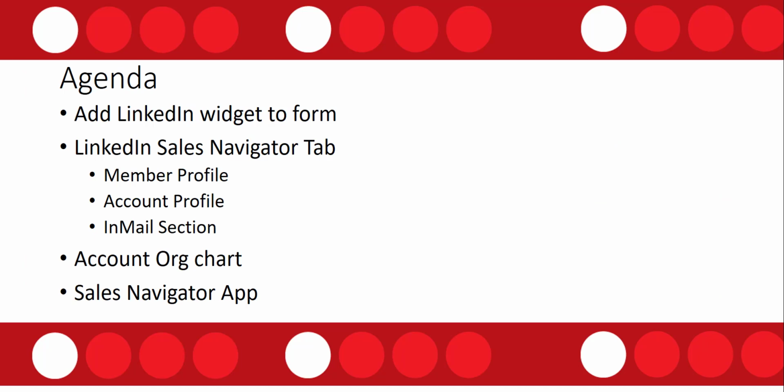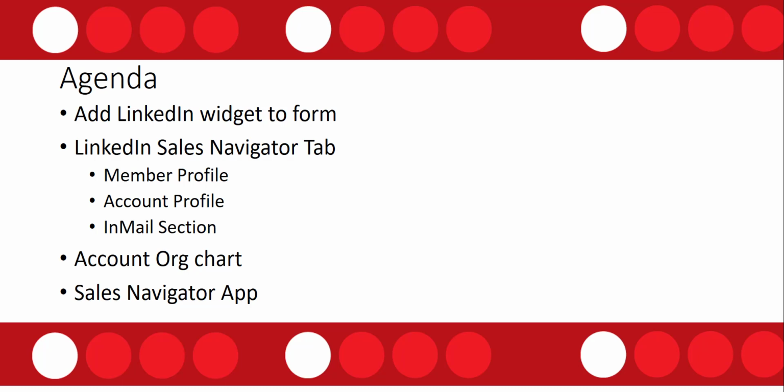Now, the agenda for today is as follows. I'm going to show you how you can actually add the LinkedIn widget to a Dynamics 365 form. Then we'll talk about the Sales Navigator tab that you will see on some of the out-of-the-box forms, such as lead, contact, account and opportunity.